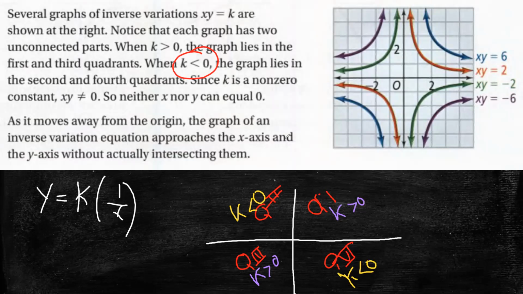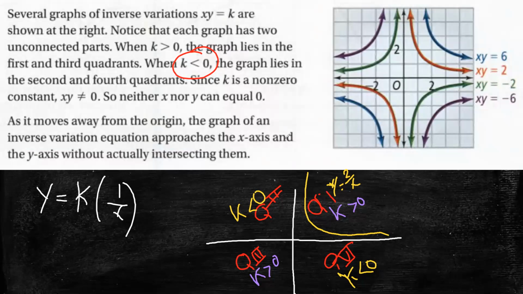What did I mean? For example, if you graph y is 2 over x, you graph it in the yellow curve. It's not only in this curve. I told you if k is greater than 0, it must be in the first and third quadrant.